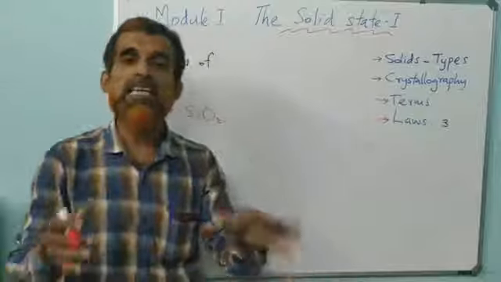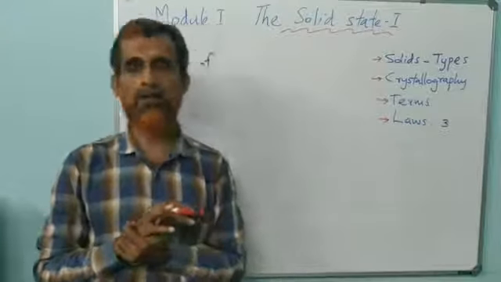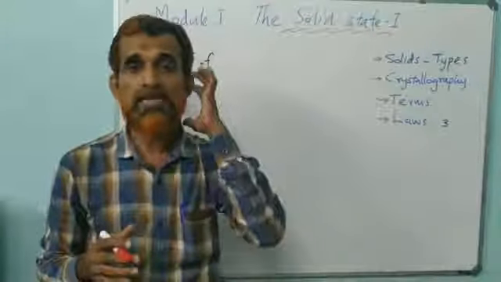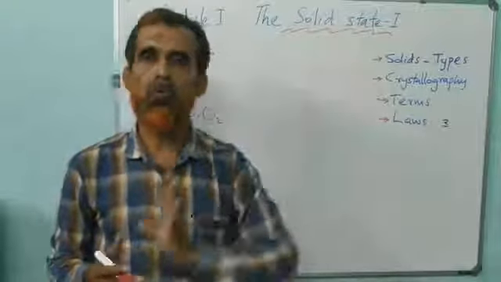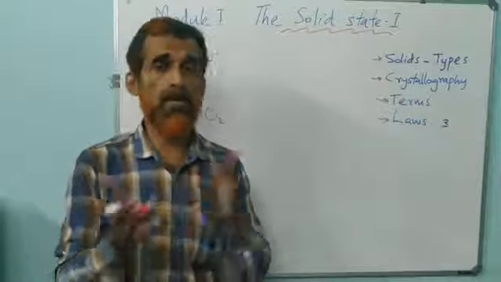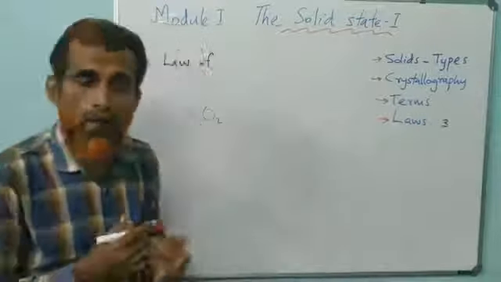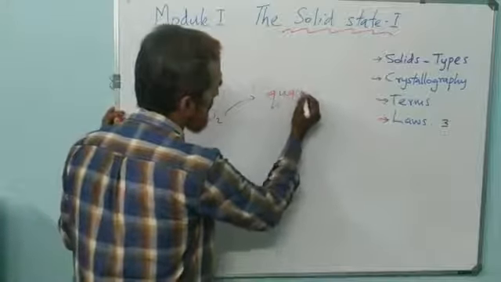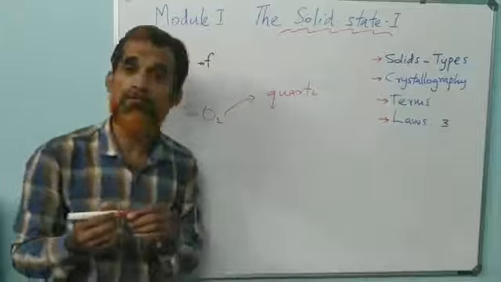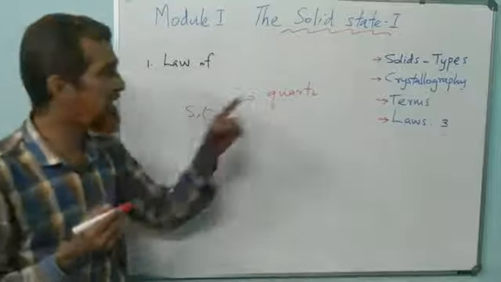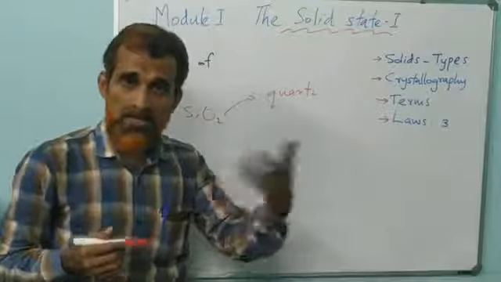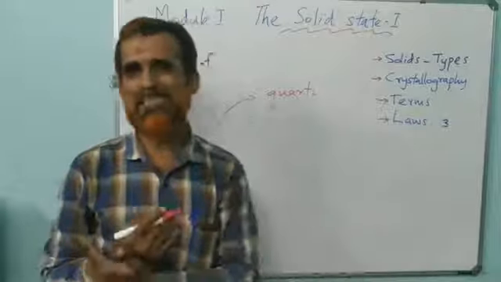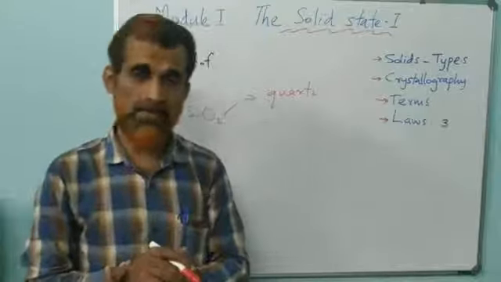If silica is melted and then slowly cooled, it will form its crystalline form, that is quartz. Quartz is one of the crystalline forms of silica, you know that? It's crystalline. But if you take silica, sand contains silica.